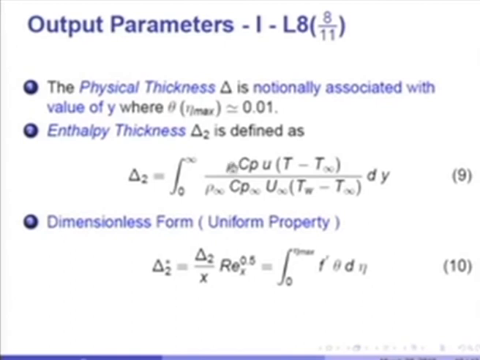For uniform property flow, where rho Cp gets cancelled, u over u infinity will be simply f dash, and T minus T infinity over T wall minus T infinity is our theta. Therefore, if I change y to eta, then delta 2 star by x into Reynolds x to the minus 0.5 equals the integral from 0 to eta max of f dash theta d eta. This is the dimensionless form for a uniform property enthalpy thickness.